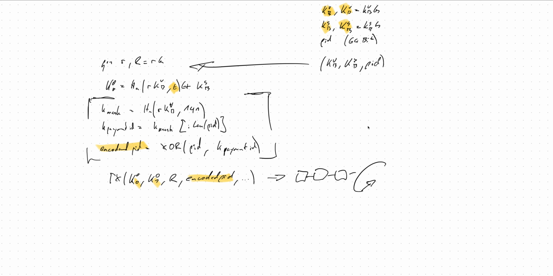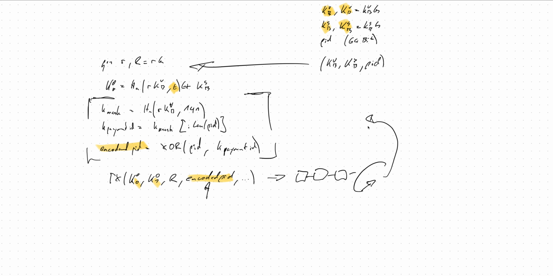Like he will look at the extra field in his transaction, and this is exactly where this encoded PID is located. After that, of course, he will do, I won't cover this again, how we calculate the output key or something like this. And of course, he will basically, I will write it here.